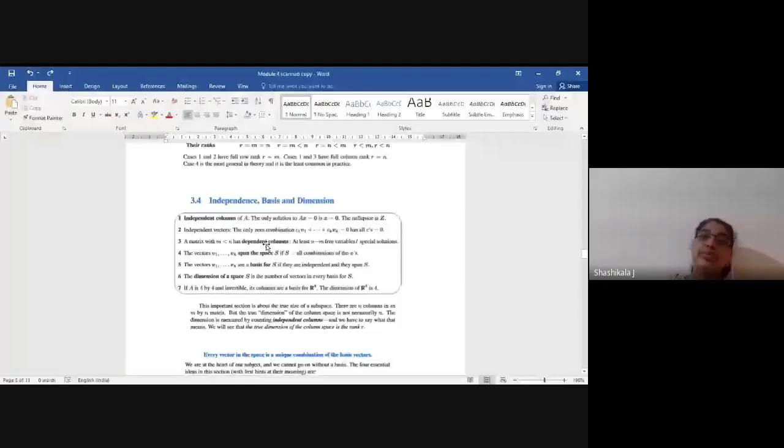When you do this, in A transpose, 1, 2 will become your column and 2, 4. So when you find the column space for that, it will be your row space. So that is what they mean by independence, basis and dimension.